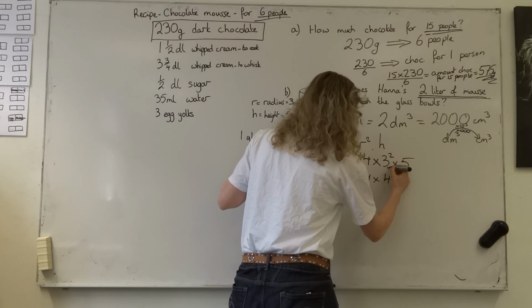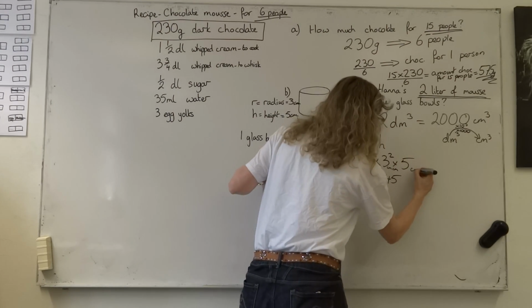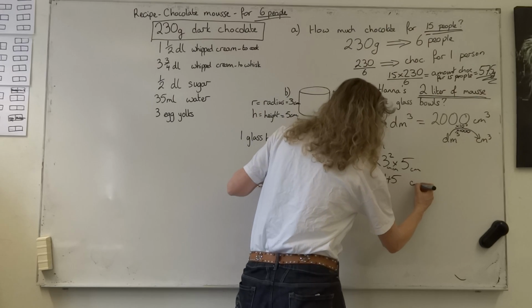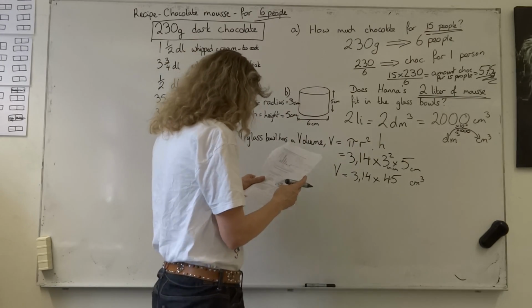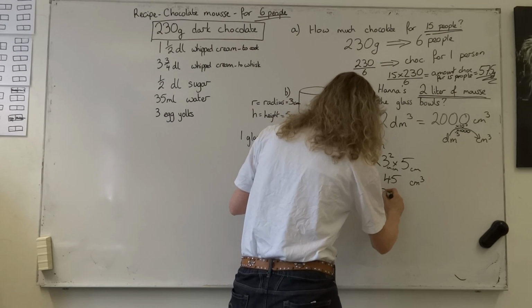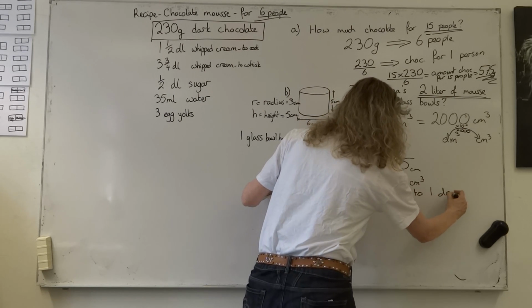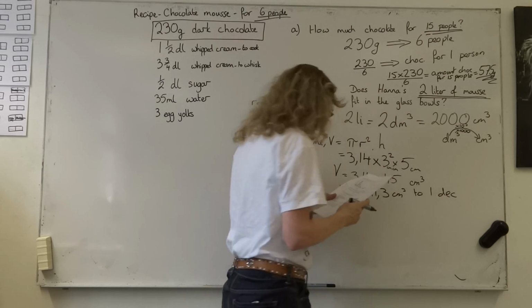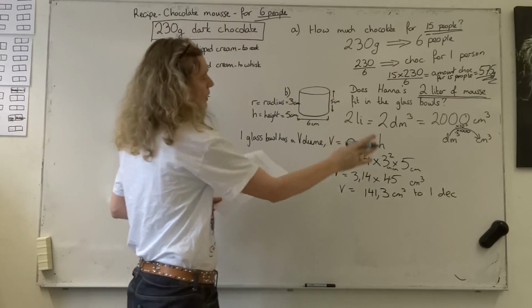Because here we'll get centimetres times centimetres with the radius squared, and here we have centimetres in the height. So we know we're going to have a unit of centimetres cubed in the volume. And that ends up being 141.3 centimetres cubed to 1 decimal. So we know the volume that we need for 1 glass.